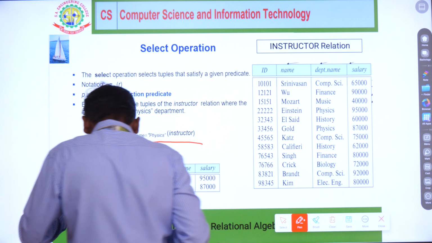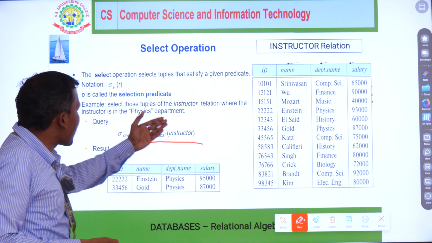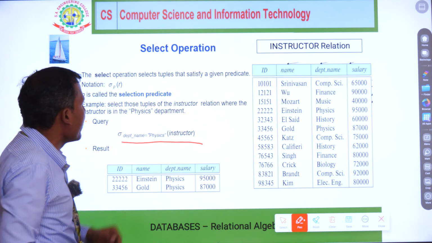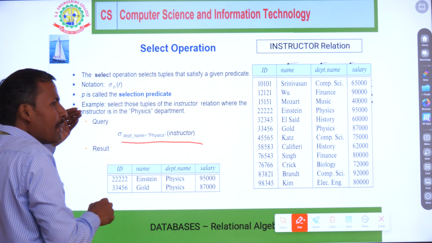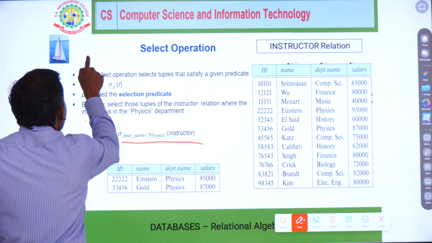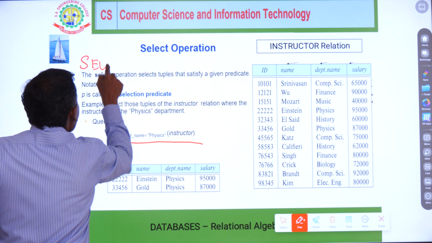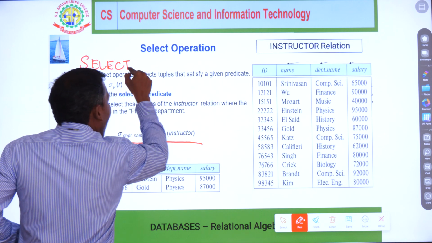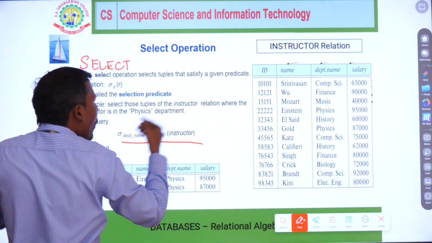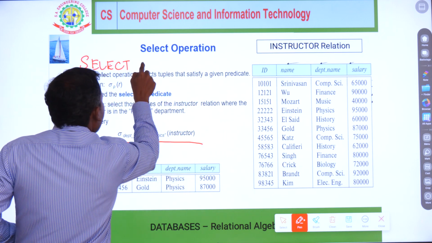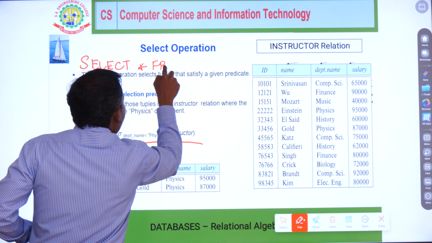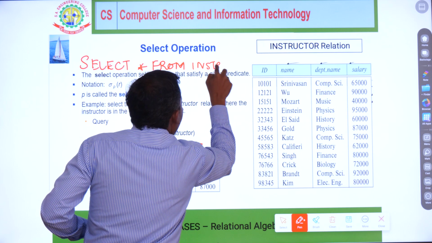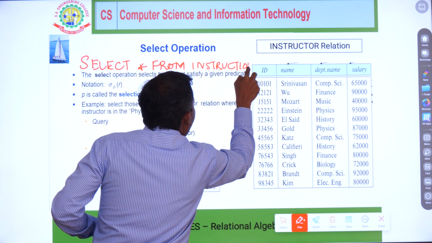My question is, selecting all tuples of the instructor relation where the instructor belongs to the physics department. So the statement which I have to go for is the select statement. I require all the 4 attributes, so select star from instructor, that is the table name, and then the condition.